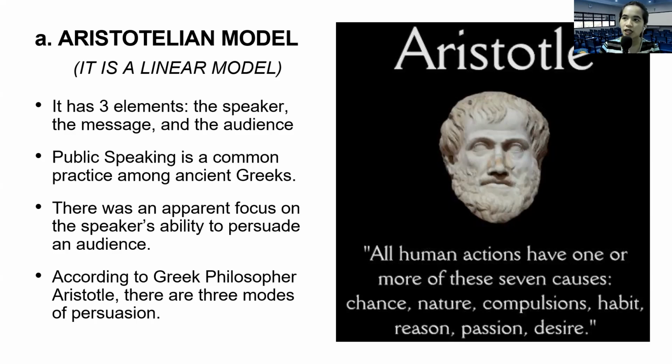In ancient Greek times, public speaking was a common practice, and the focus there is the speaker's ability to persuade the audience. With that, Aristotle made three modes of persuasion. Aristotle here is the proponent of this model, of course, from the name itself.